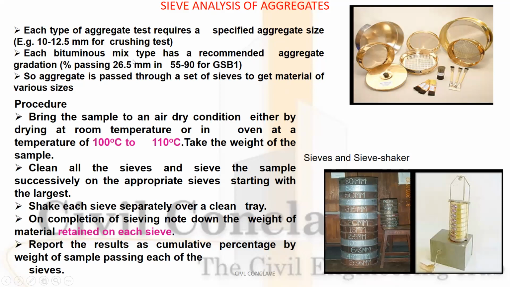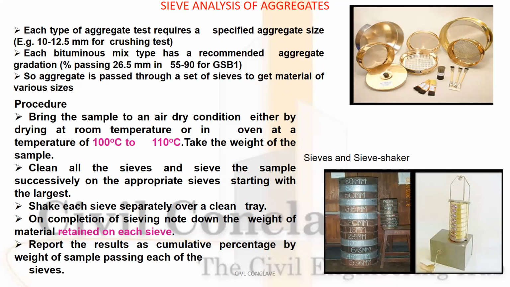Each type of test requires a specified aggregate size, that is 10 to 12.5 mm for crushing strength. Each bituminous mix type has a recommended aggregate gradation, that is, the percentage passing should be 55 to 90 at 26.5 mm for GSB 1.